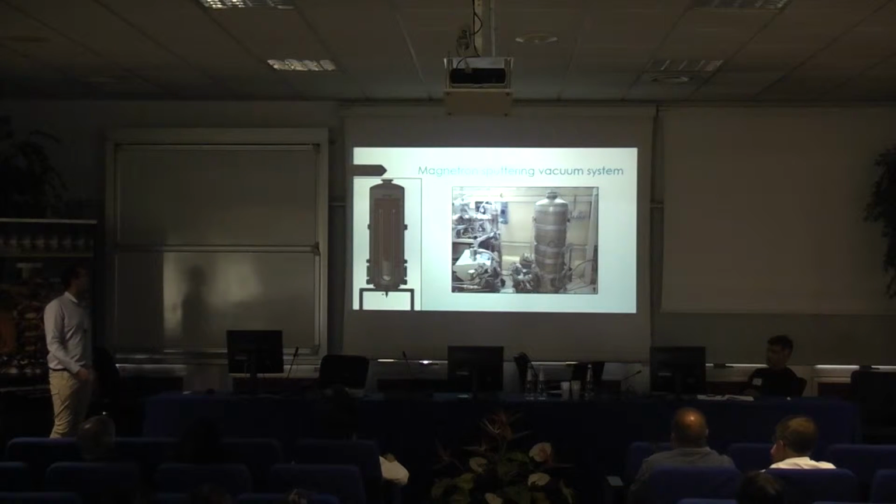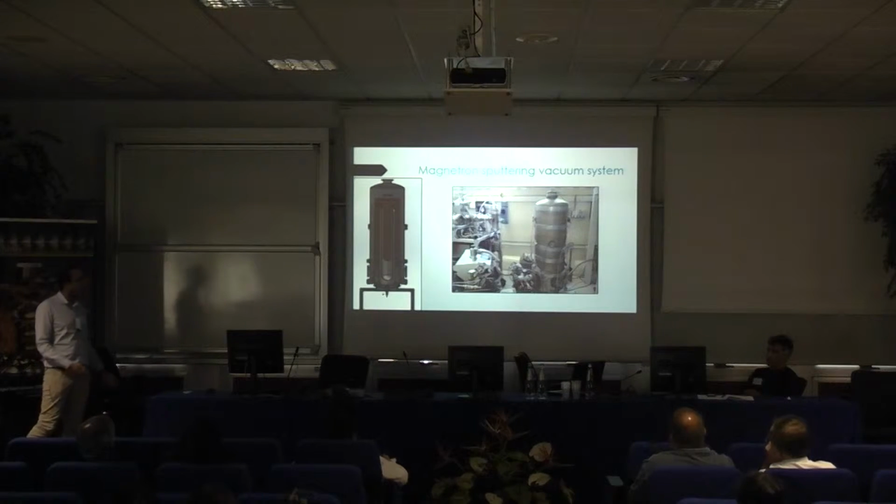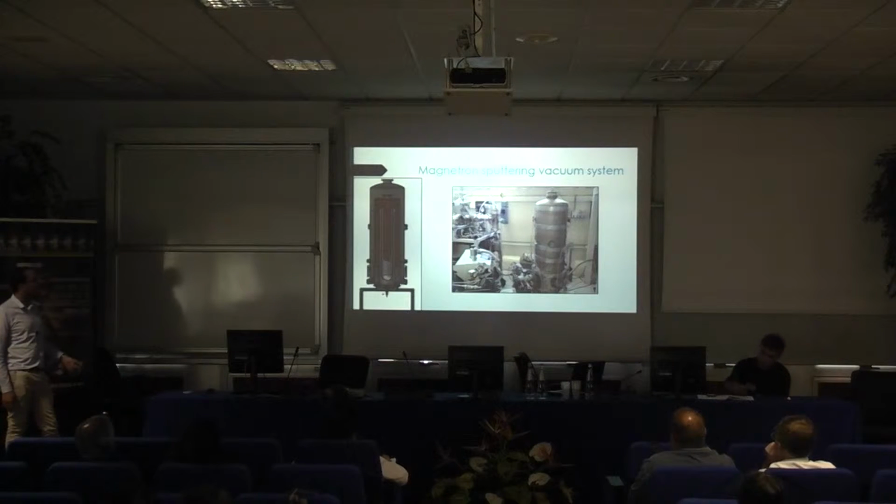This is the magnetron sputtering vacuum system that we have developed here in the lab. On the left you can see the cross-section of our system with two main parts, the quarter wave resonator cavity and the double wall cathode that is inside. In the first part of our procedure we focused on the thickness of the coating.